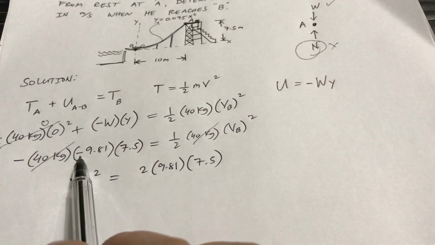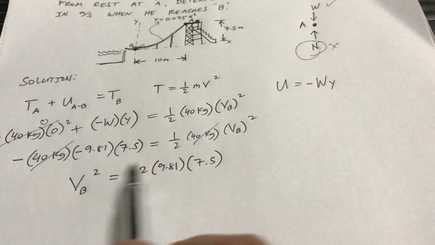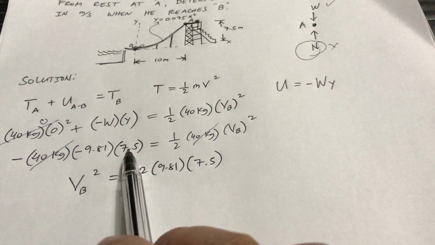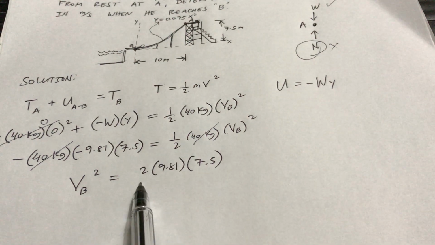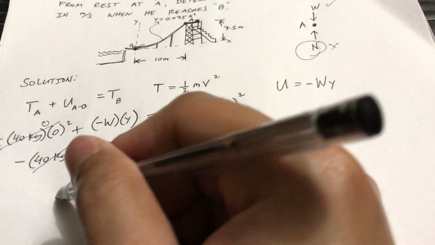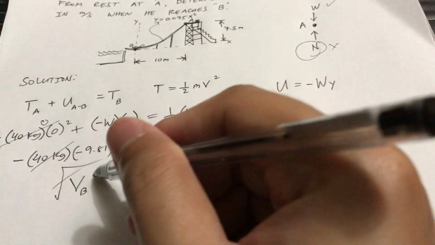Okay, the negative turns out to be positive. We transpose the 2 to the other side, so that becomes a multiply. Then we square root both sides.